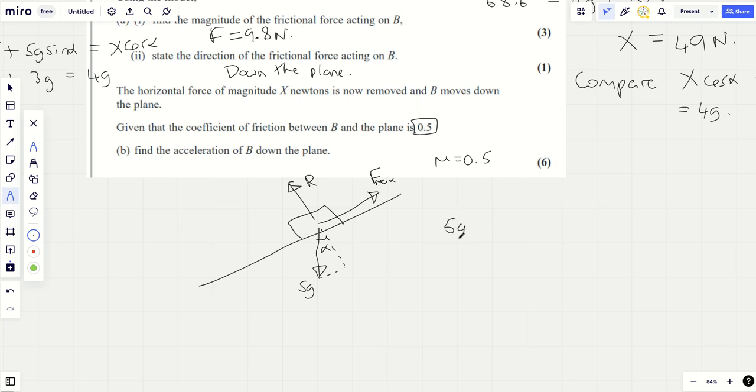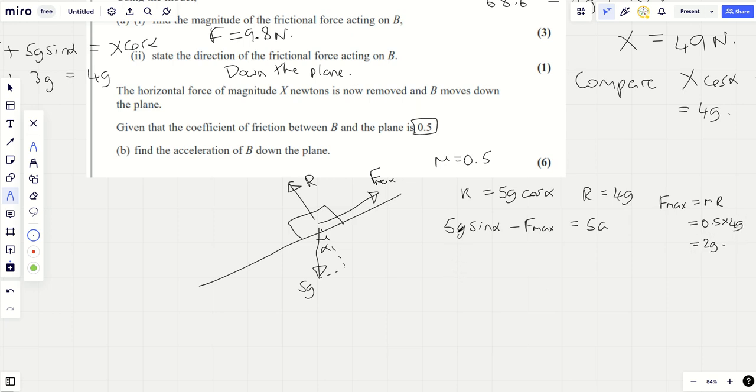So we've got 5g sine alpha, the stronger force, minus F max, the weaker force, equals the mass, which is 5, times the acceleration. We also know that R is going to be equal to 5g cos alpha, and as cos alpha is 4/5, R is 4g. As F max is mu R, we're going to have 0.5 times 4g, which is 2g.